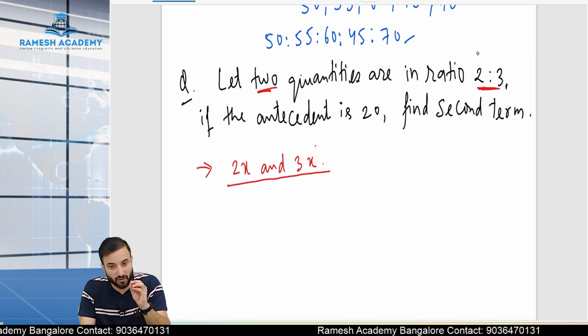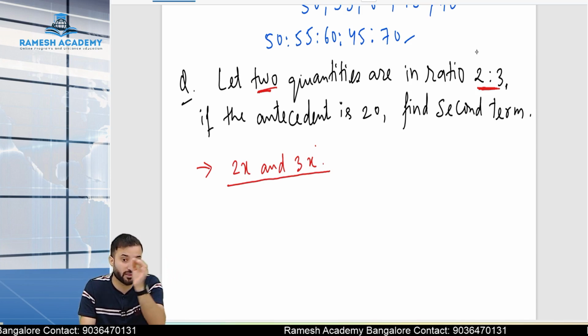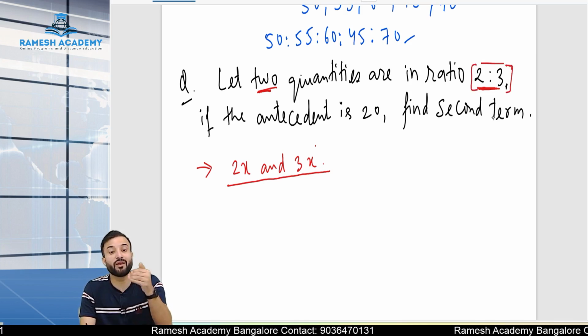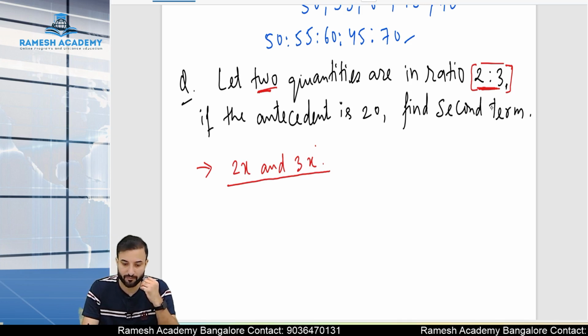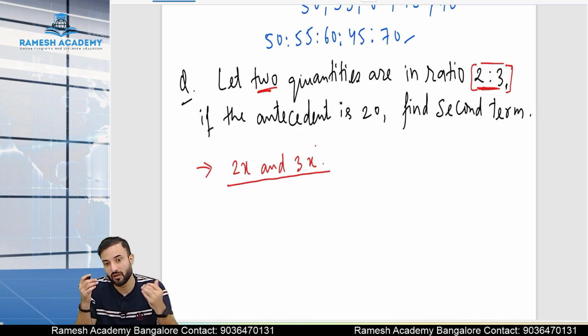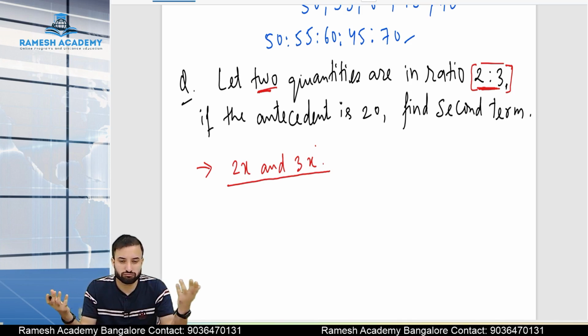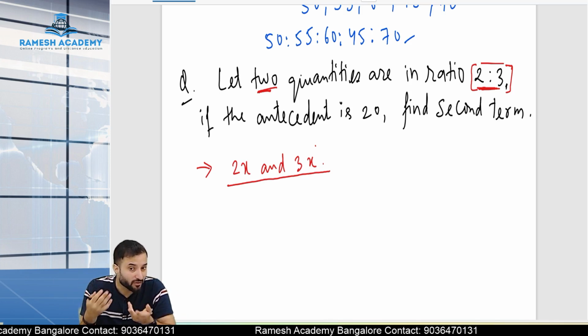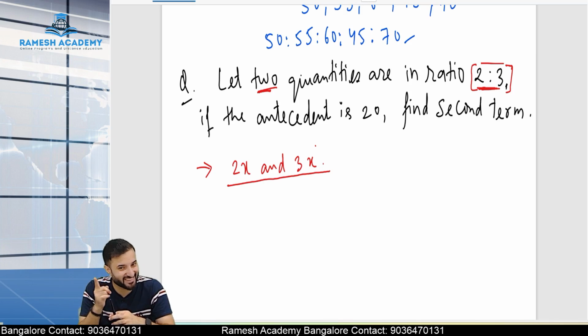Like this we remove the ratio and write in the variable form. As I have said, if they give the ratio 20:23, it will become 20x and 23x.